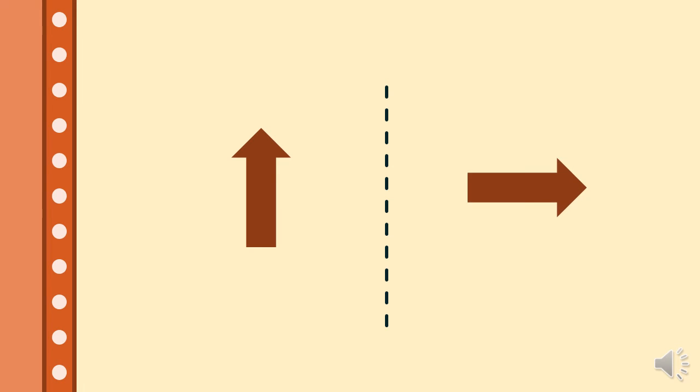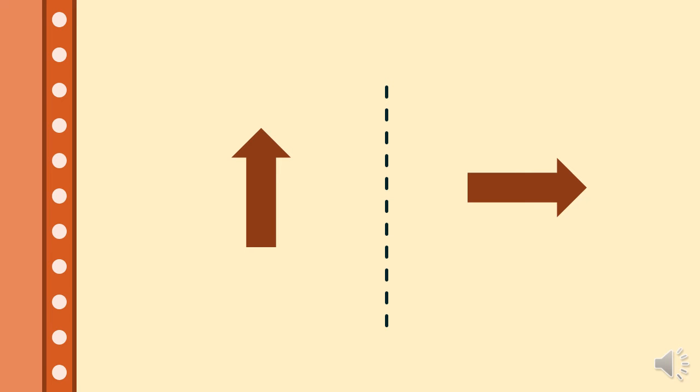Now, let's move down to the next row of problems, number 5. In number 5, you see an arrow. The first arrow is pointing up. The second arrow is pointing to the right. What happened to that arrow from the first one to the second one?